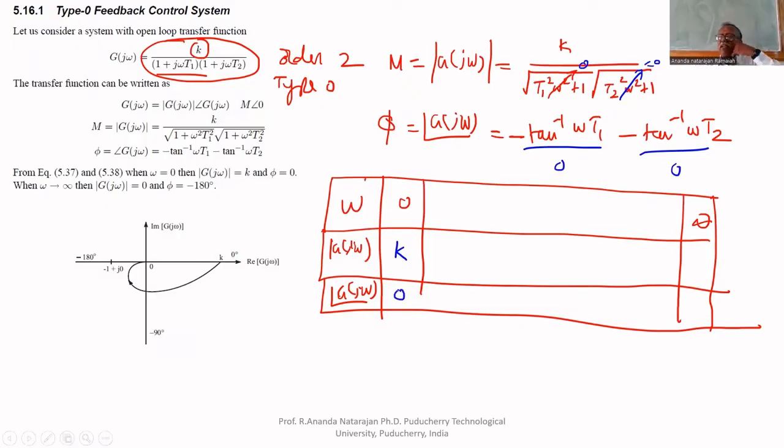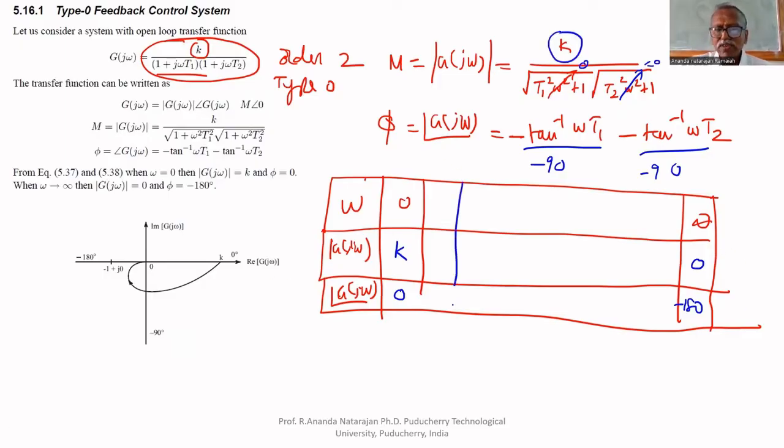When omega equal to infinity, what will you get? This becomes infinity, K by infinity, and this is also infinity, so K by infinity, that's why 0. Magnitude is 0. For the angle, for this you will get minus 90, and for this another minus 90. Therefore, minus 180. So the initial value is gain K and the final value is 0.